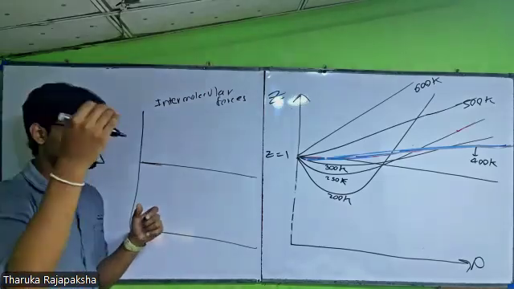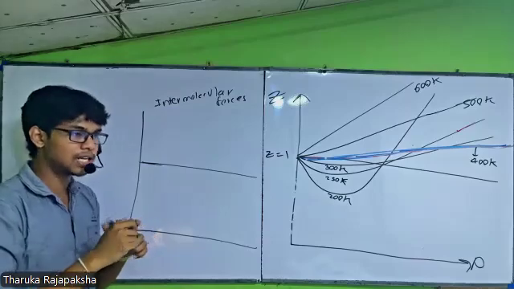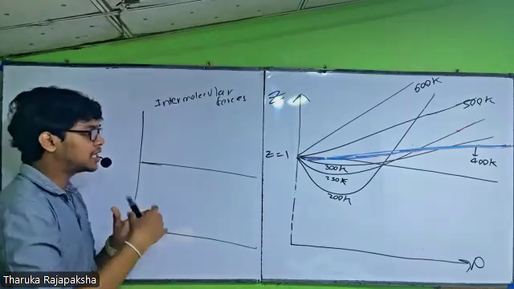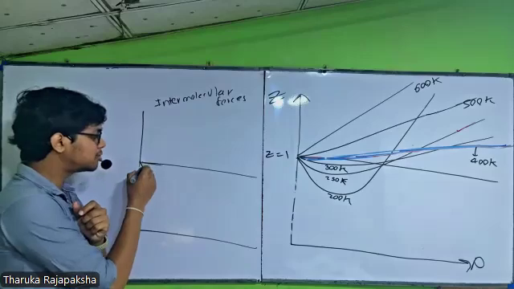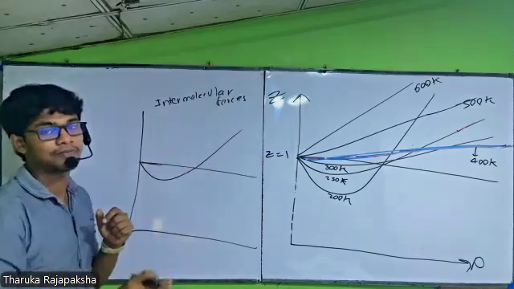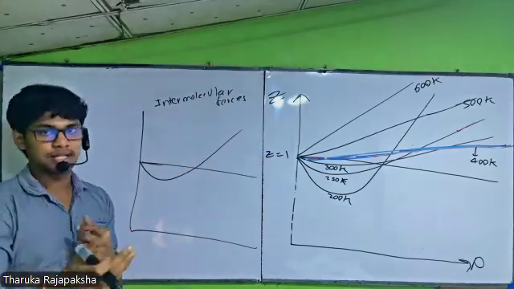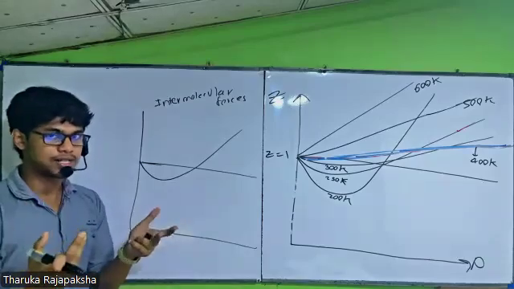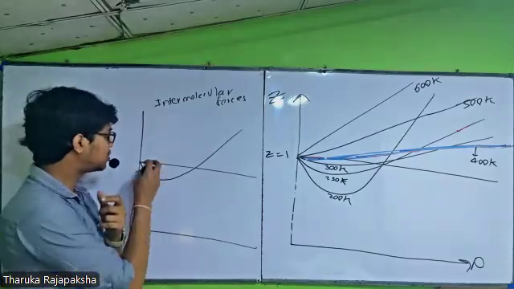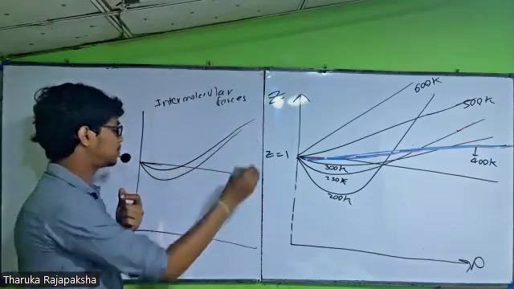If the boiling point is high, that means intermolecular forces are high. When intermolecular forces are high, the curve looks like this. Nitrogen has somewhat repulsions, but it will go somewhere closer like this and move up.